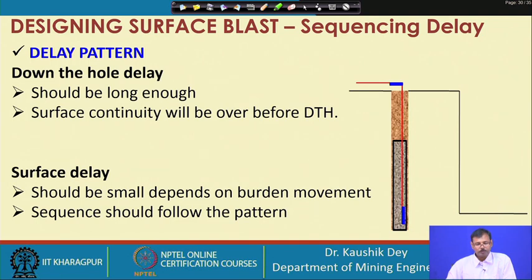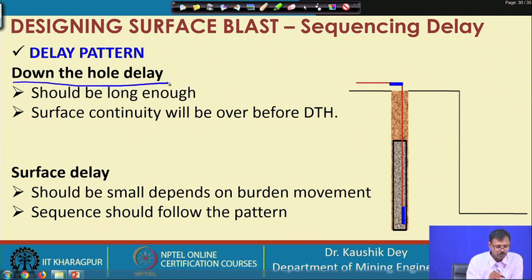The other important thing is the sequence of delay in the down the hole situation and in the surface delay. Generally, if we are using a nonel or that type of material, we provide the detonator inside the explosive, and the nonel is initiated by another detonator or maybe another nonel also.